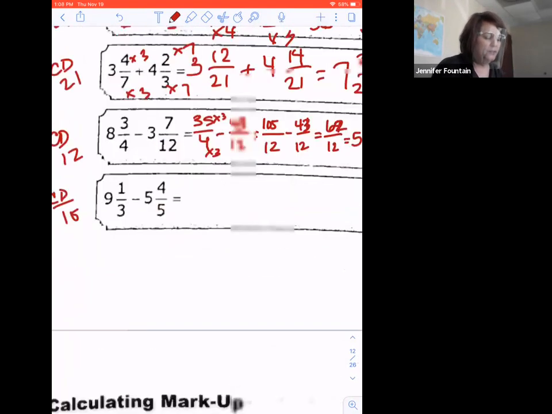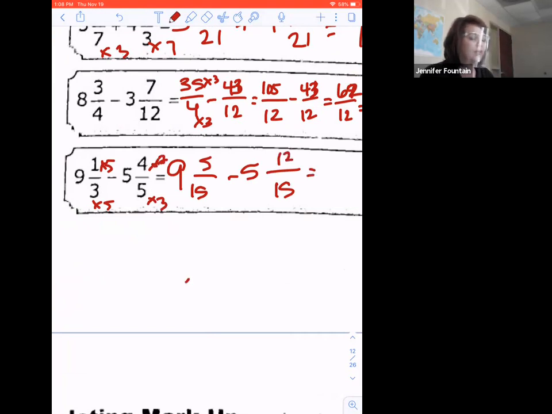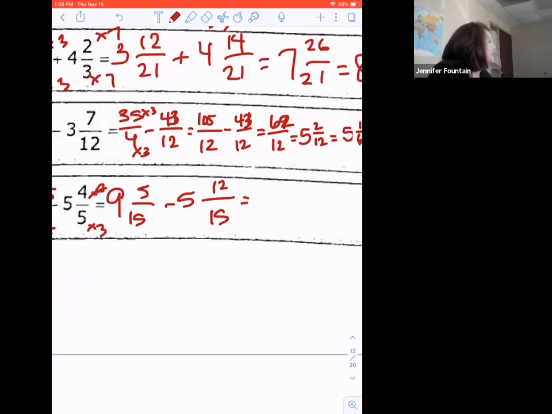Now, like I said, we can also leave it where we have 9, and we said I need a denominator of 15 minus 5, denominator of 15. So now 3 times 5 is 15, so 1 times 5 is 5. 5 times 3 is 15, so 4 times 3 is 12. Now, the main thing about this right here is I've got 9 5/15 minus 5 12/15.